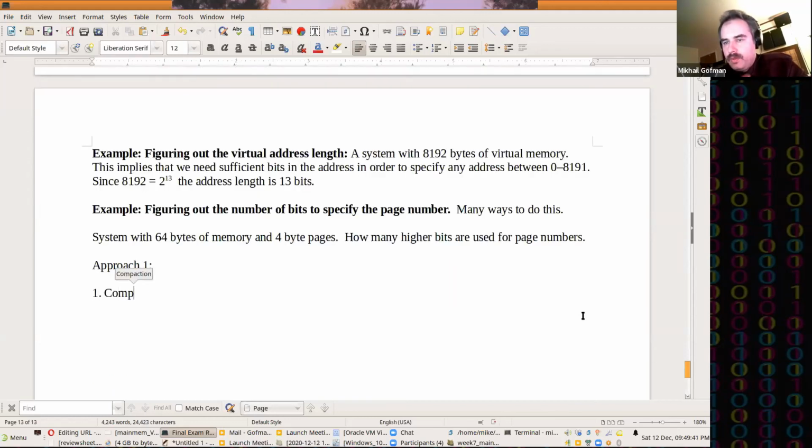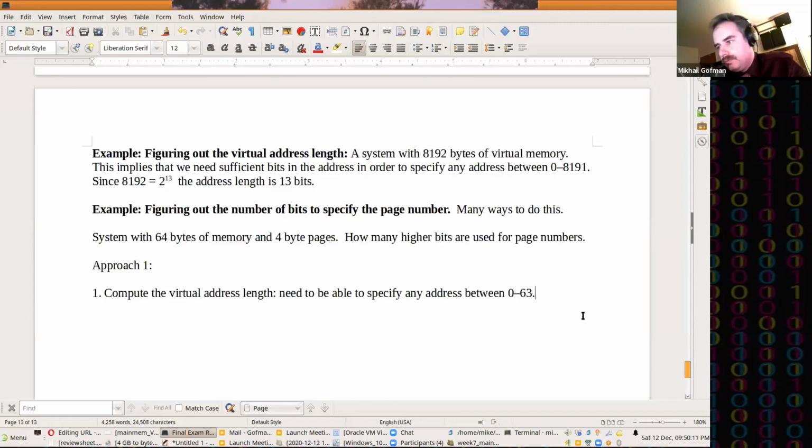Compute the number of address bits. First, let's compute the virtual address length. In this case, we need to be able to specify any address between 0 and 63.